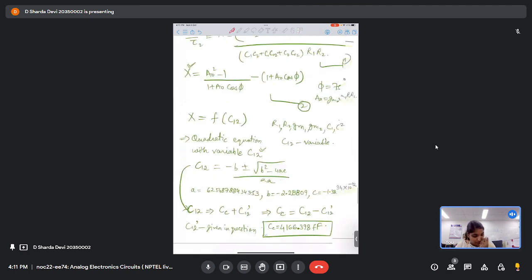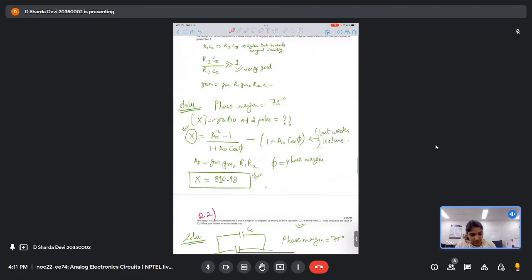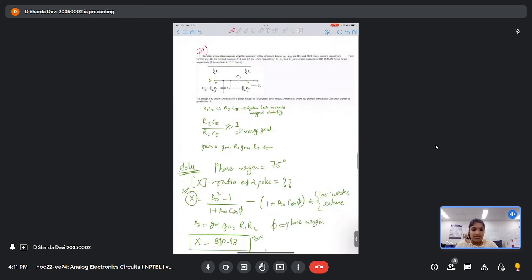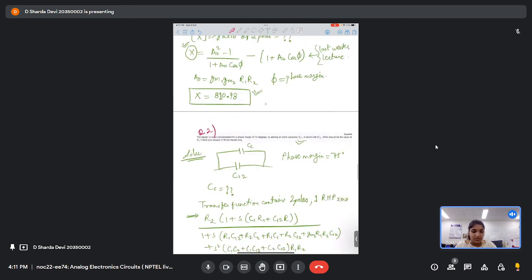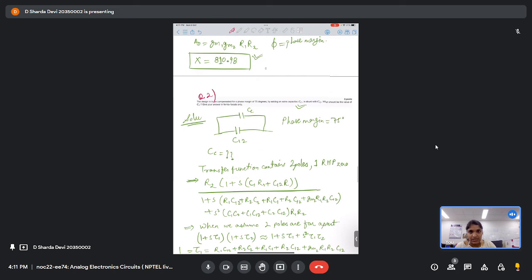So in the first question that we solved today, we solved the simple circuit which was given for a given phase margin, and we found out the ratio between the two poles. In the next question, we added a shunt capacitance, which is a compensation capacitance, and we again solved the question for 75 degrees phase margin.